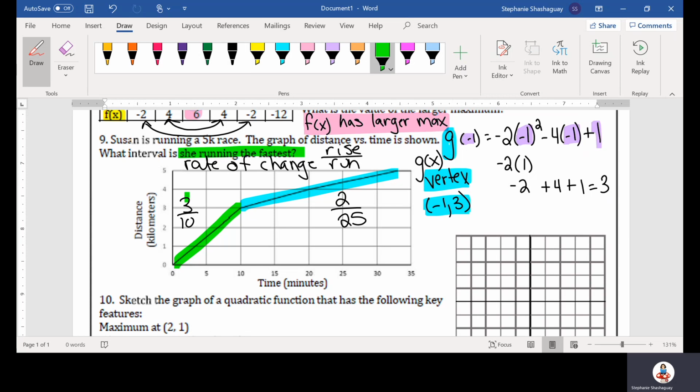Well, this slope is much greater. This rate of change, 3 over 10, is a higher number. So she is running the fastest between the interval of 0 and 10. So 0 to 10 minutes is when she runs the fastest.